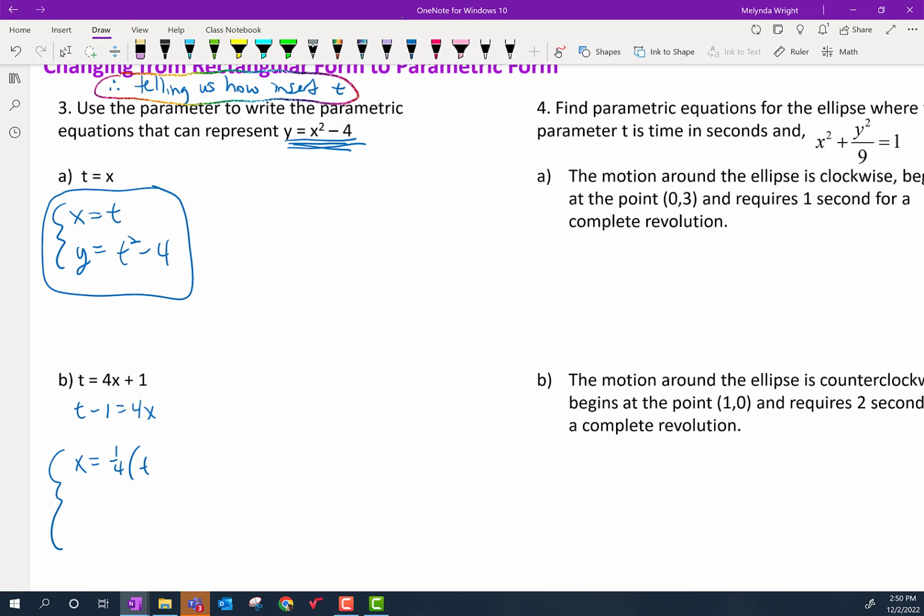I'm just kind of leaving it non-distributed. So that's my first equation. So to get my y equation, what do you think I'm going to have to do? I'm going to have to take that 1/4 times t minus 1, and sub it in here for x. And that's what we're doing.